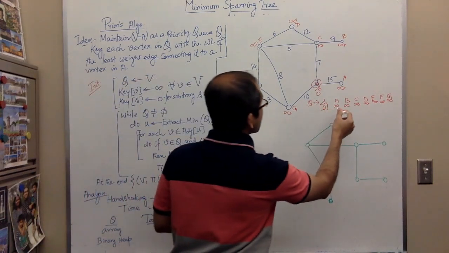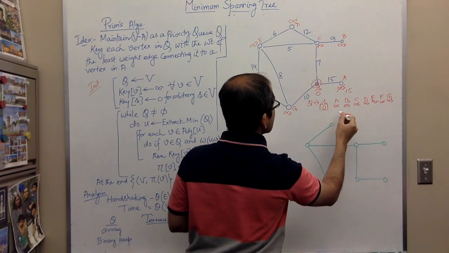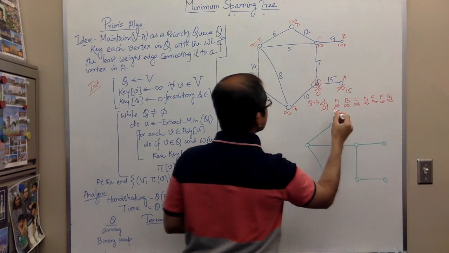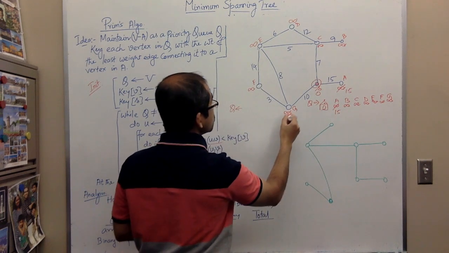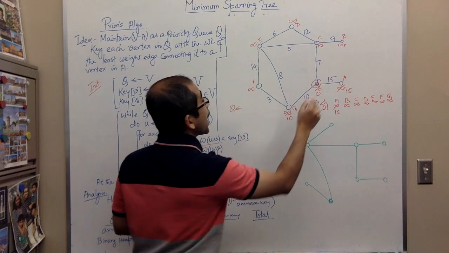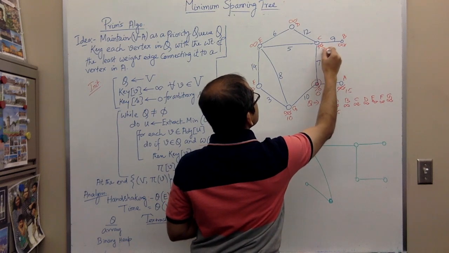So the new key is here, this is 15. Let's change A to 15 here, and G to this edge connecting S to G, which is 10, and this edge S to C, infinity, change to 7.